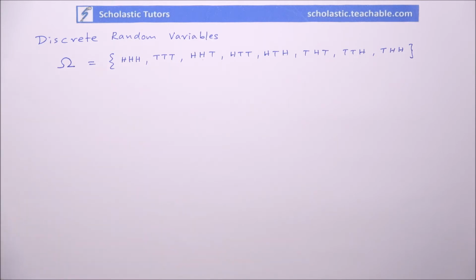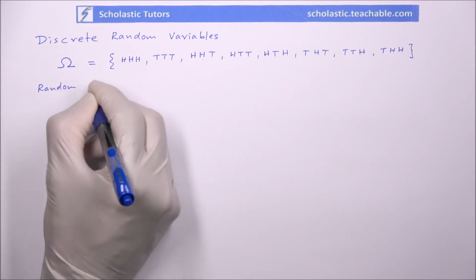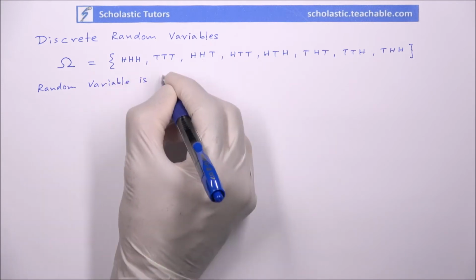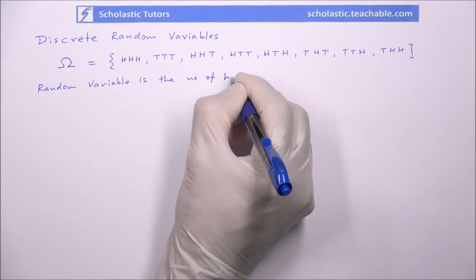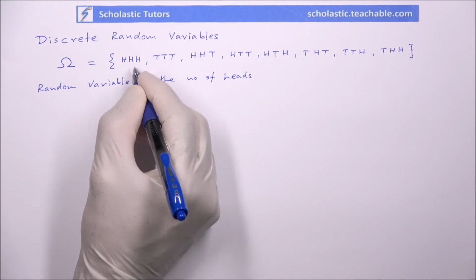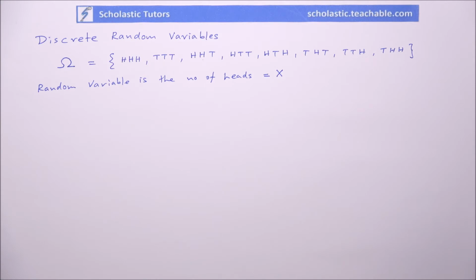So what is a random variable? We can define a random variable to be the number of heads. For example, we can define a random variable to be equal to the number of heads in one of the throws. We'll call it x, random variable x.